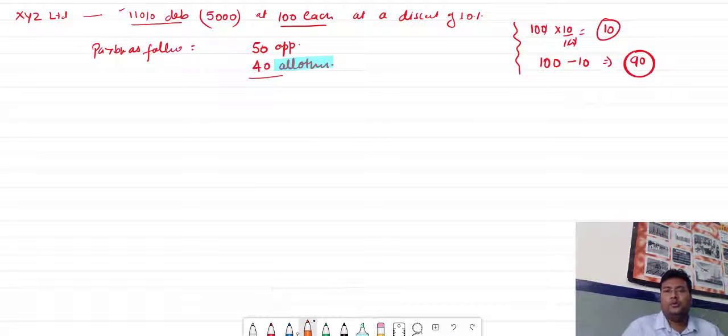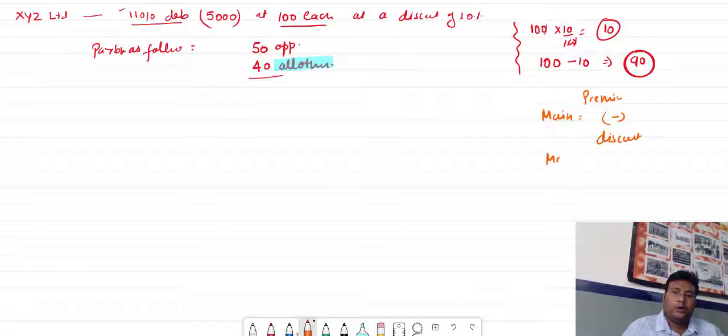So I told you yesterday that when premium is there, for finding out the main value we deduct the amount. But when it is discount, for finding out the main value, we have to add the value of discount, bacha.